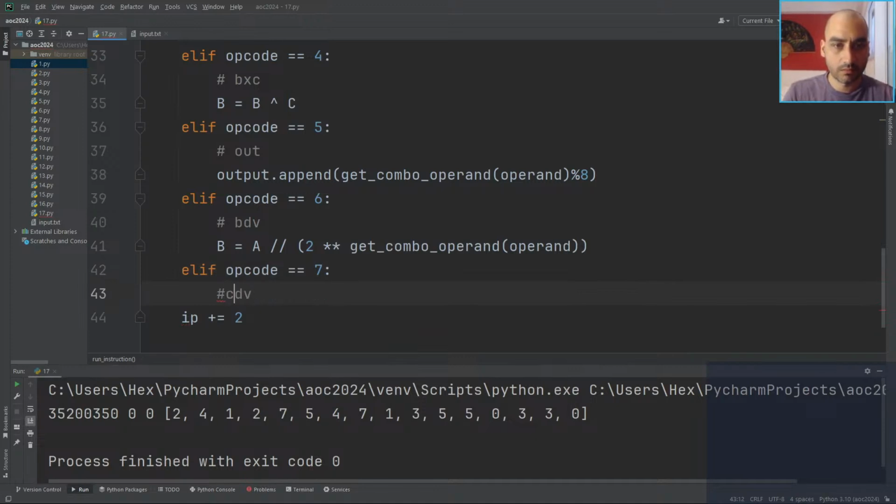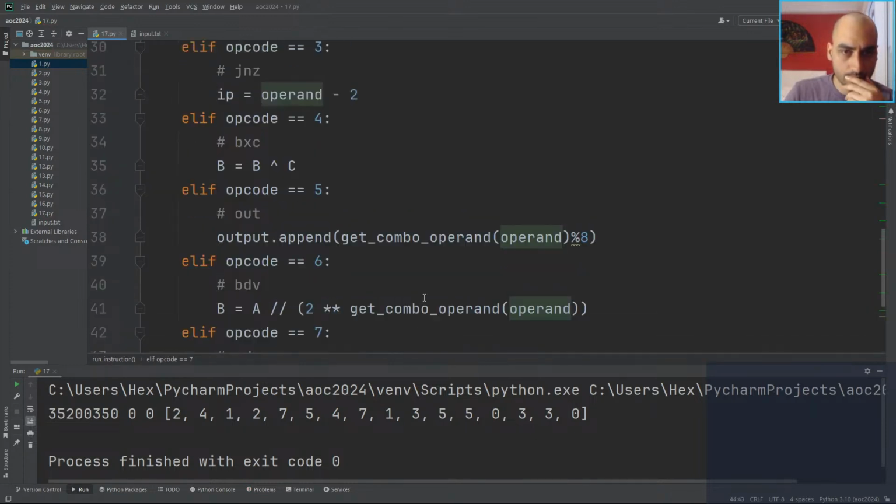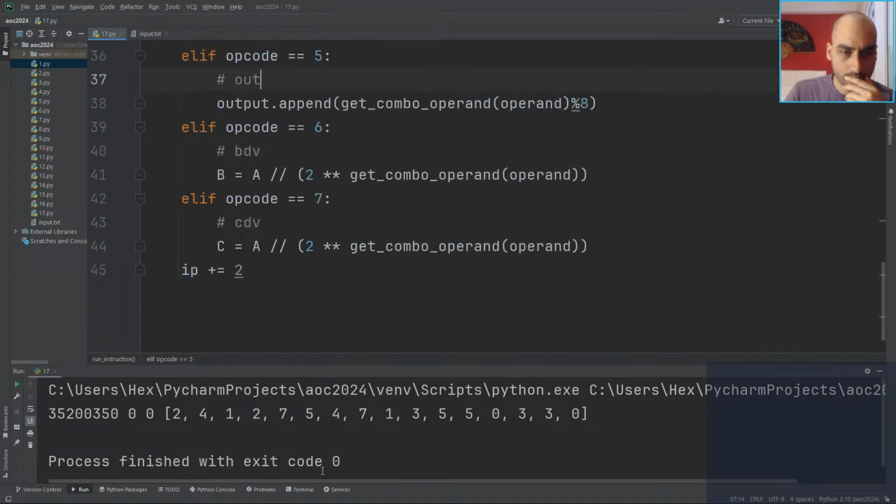CDV. It's adv, but we store it in C. All right, fine.